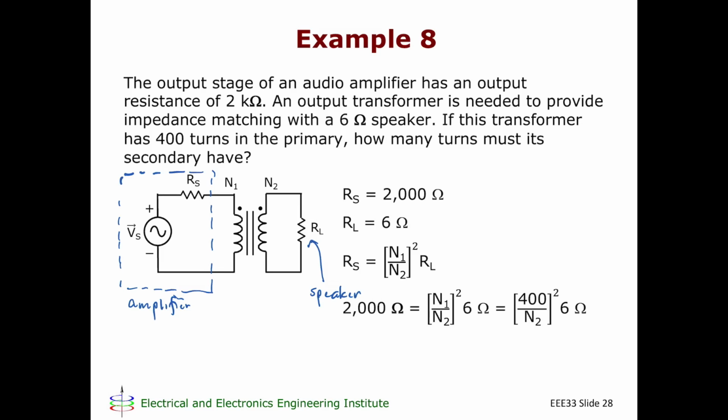So plugging in values, 2000 equals (N1 over N2) squared times 6, we know that N1 has 400 turns, so we need to wind approximately 22 turns in the secondary. That is for the speaker now to receive maximum power from the amplifier. So this is something quite practical.